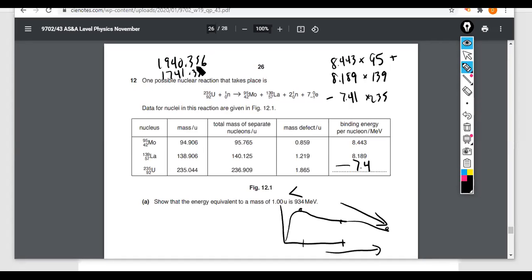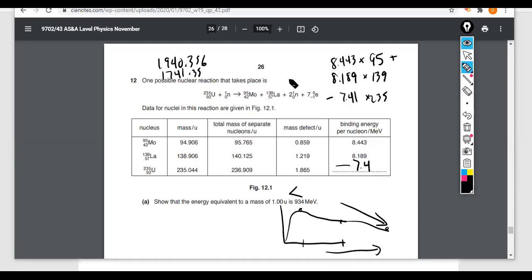Is that right? You get 1940.356 minus 1741.35.